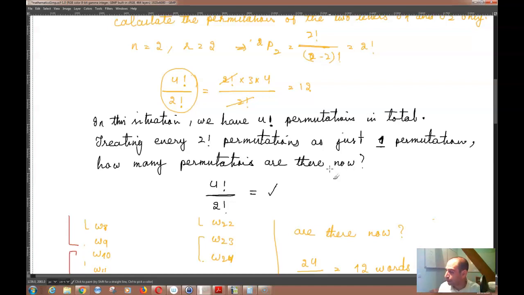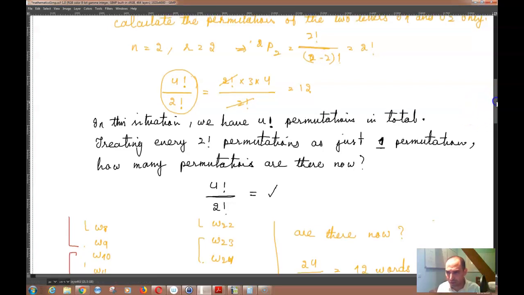Now, to understand this situation more clearly, we need to write down all the permutations of this word root, right? So for example, let's say that you have the permutations when O1 and O2 are different.